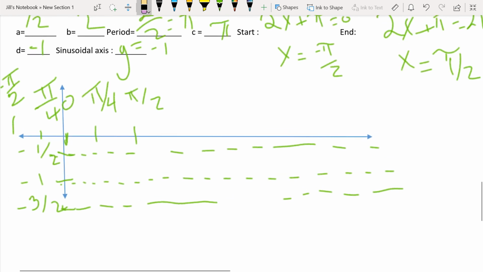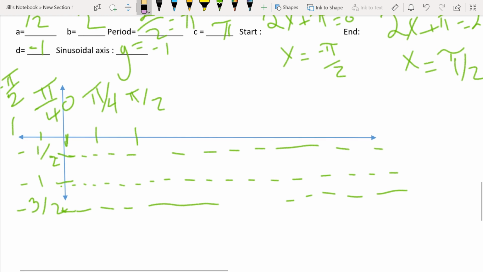Now we have to graph a reflection of a sine wave. So the sine wave starts in the middle. Whoops, that's not where it starts. It starts in the middle over here at negative pi over 2.